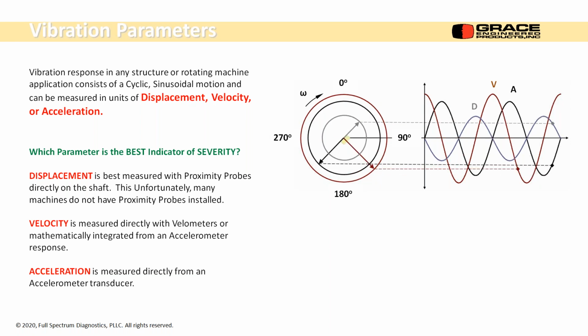And it's real detailed. You can't get that on the housing of a journal bearing. All the vibrations in the shaft have to go through the oil wedge and then the bearing housing, and the housings are pretty big, and it gets muted out by the time it gets to an accelerometer on the housing. So it's really good if you have journal bearings to use displacement with your proximity probes.